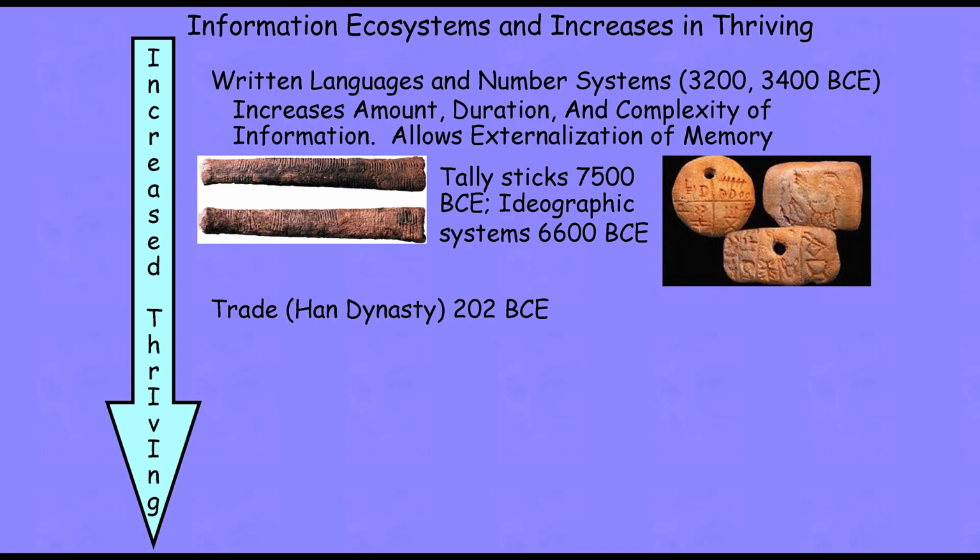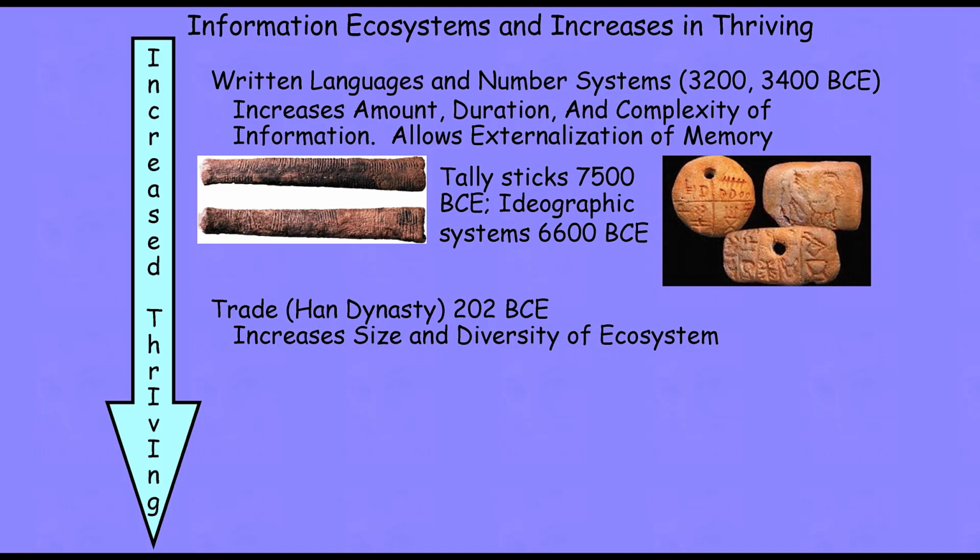Now, having all that information is fantastic, but you only have access to information that's available within a community. And so increasing the size of your community, the number of individuals you interact with, can also dramatically increase the amount of information that you have access to. Now, you're limited by your ability to communicate with those individuals.